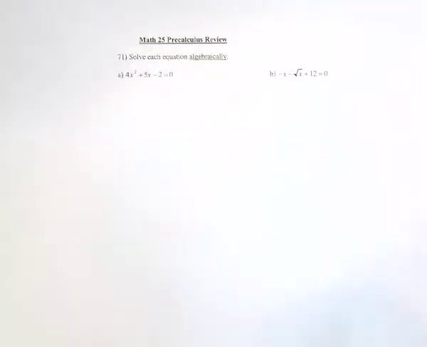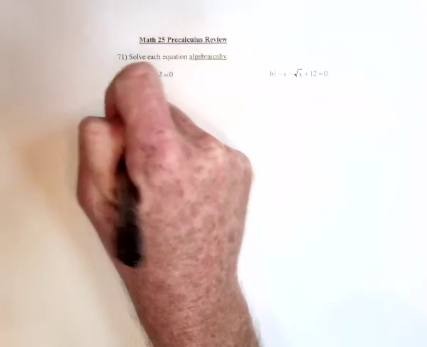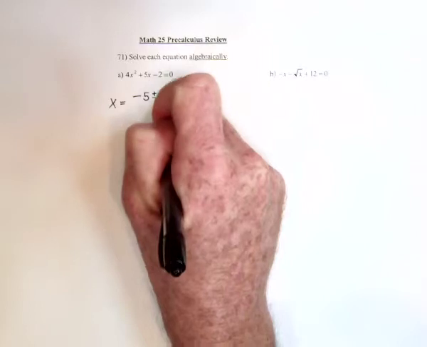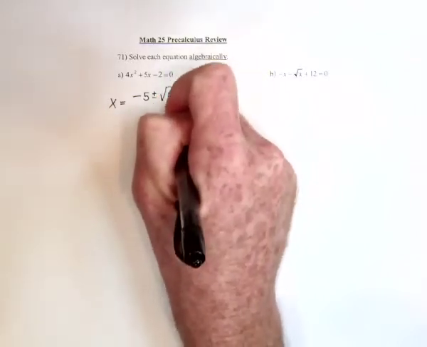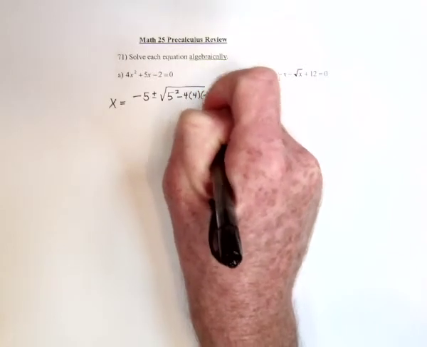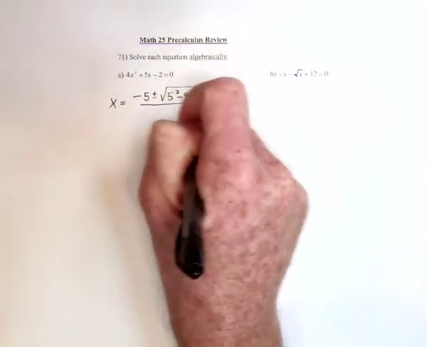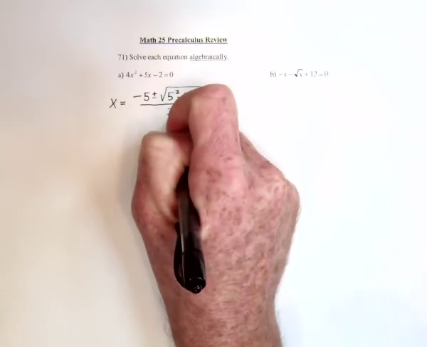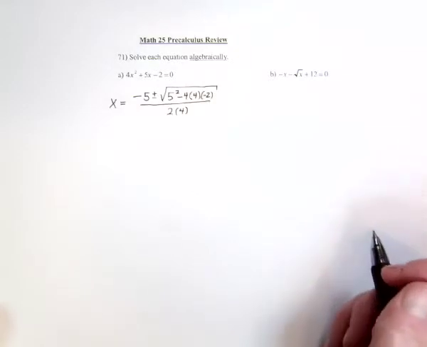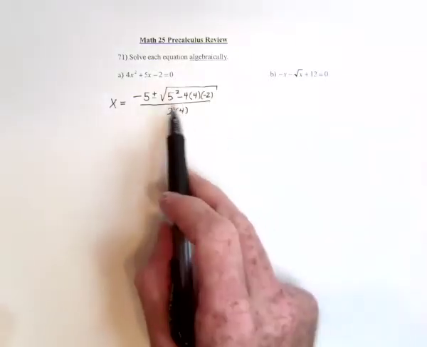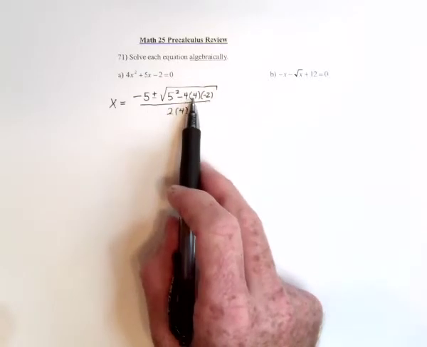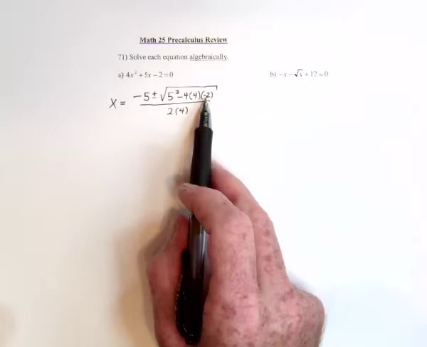Alright, let's get to it. It's going to be x is negative b plus or minus the square root of b squared minus 4 times the a and the c, all divided by 2 times the a. And then we would have, let's see, this right here is going to become positive 16 times 2.